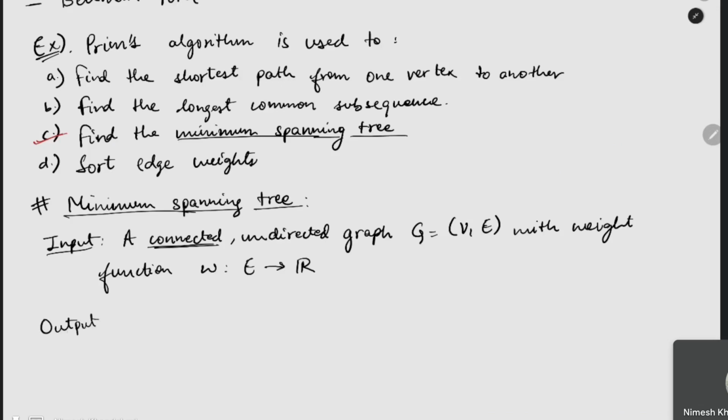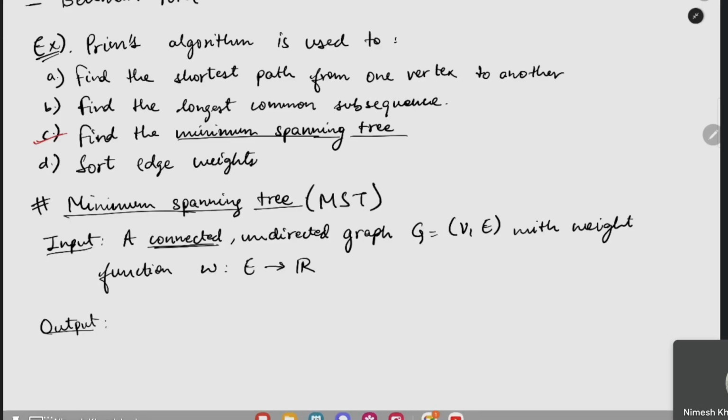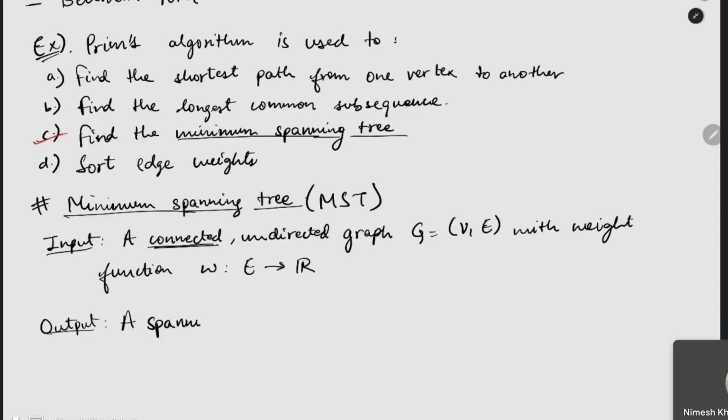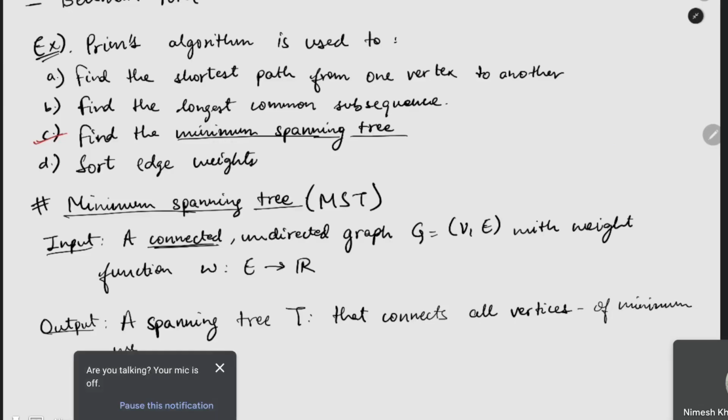And what we get as the output from the minimum spanning tree algorithm is a spanning tree T, a tree that connects all vertices with minimum overall weight.